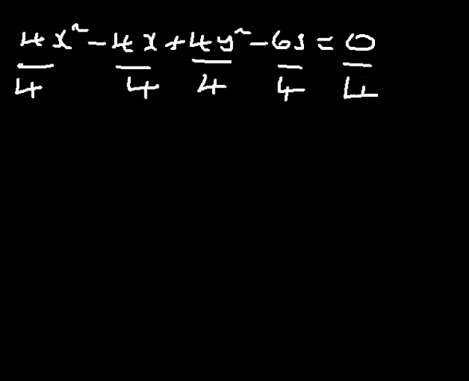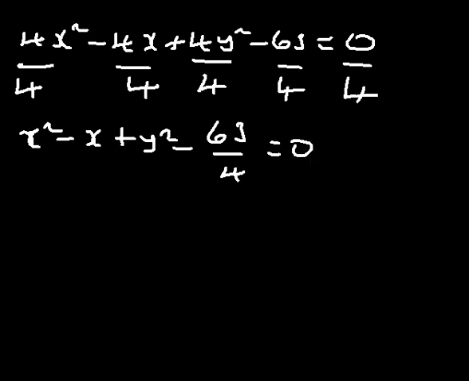So we'll have x squared minus x plus y squared minus 63 over 4, which is equal to 0.